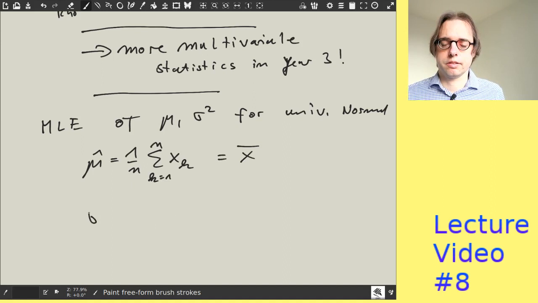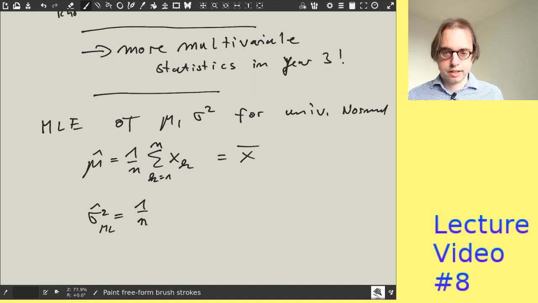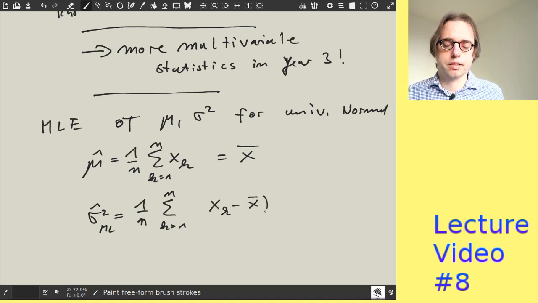And we also know that the maximum likelihood estimate of the variance was 1 over n times the sum from 1 to n of (x_k minus x bar) squared. So that's s squared.